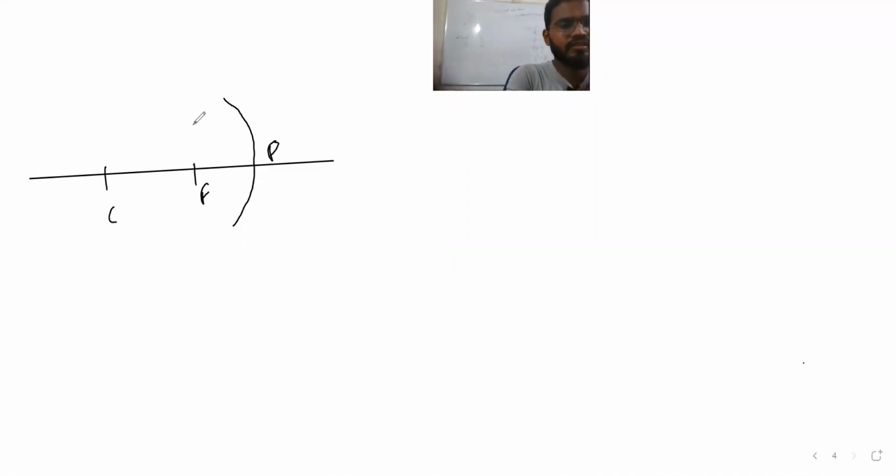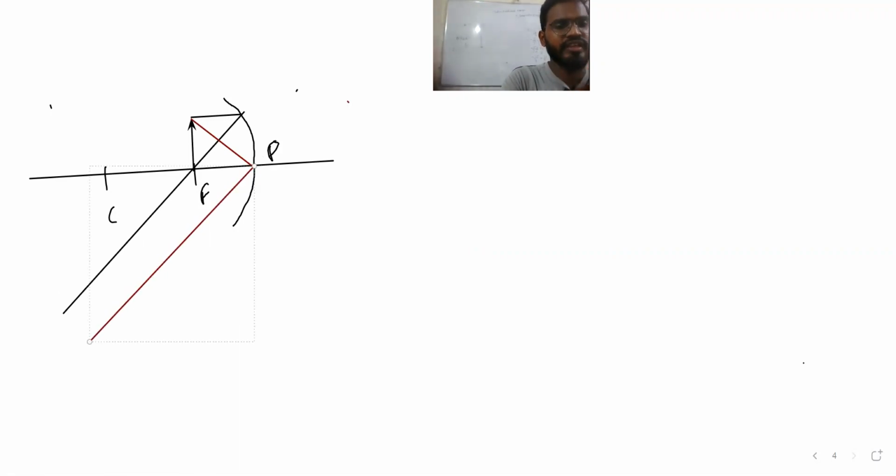If the object is at focus, you see that these two rays are parallel to each other. If parallel, then they will never meet, we can say they meet at infinity.